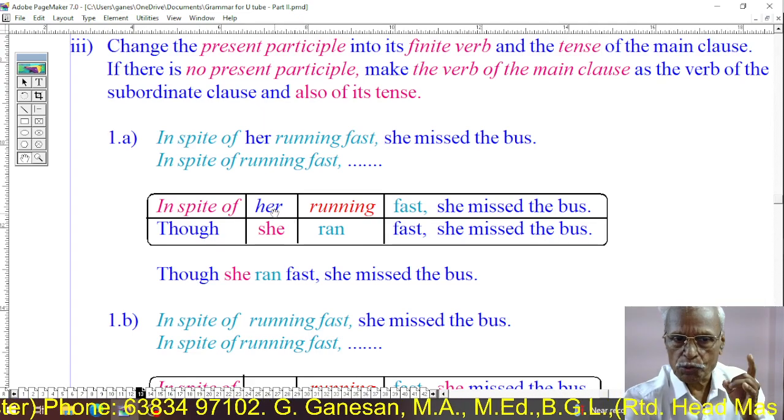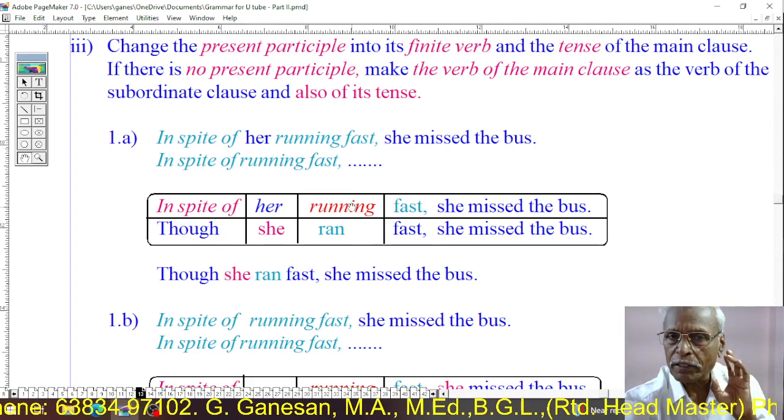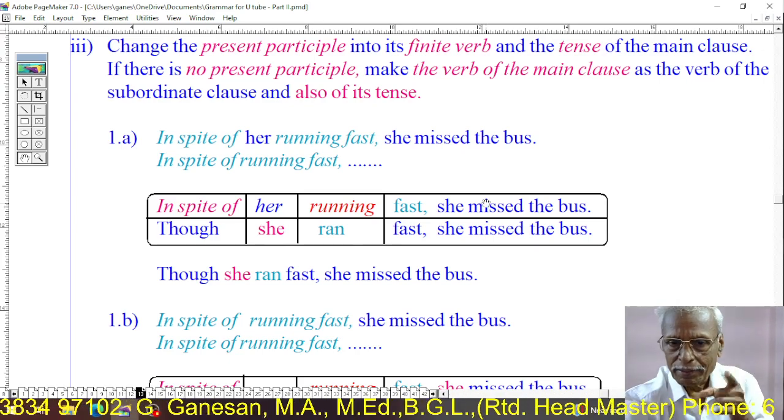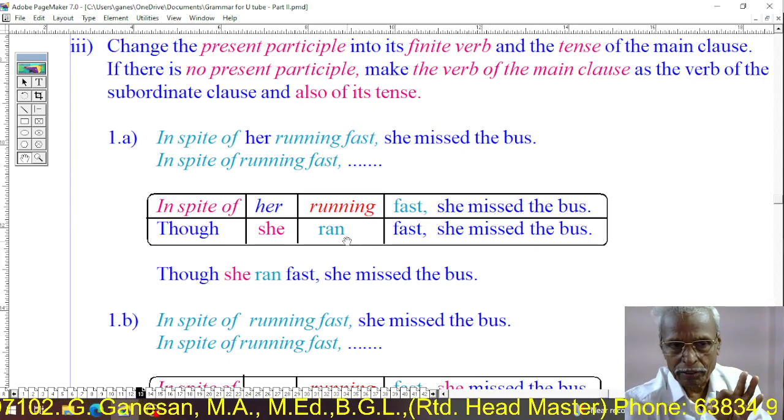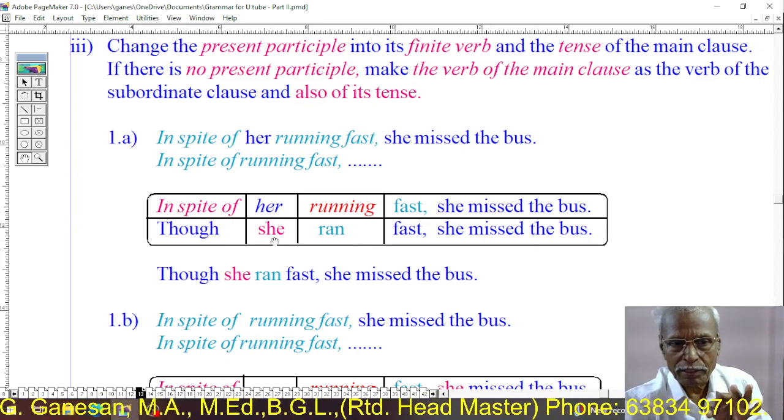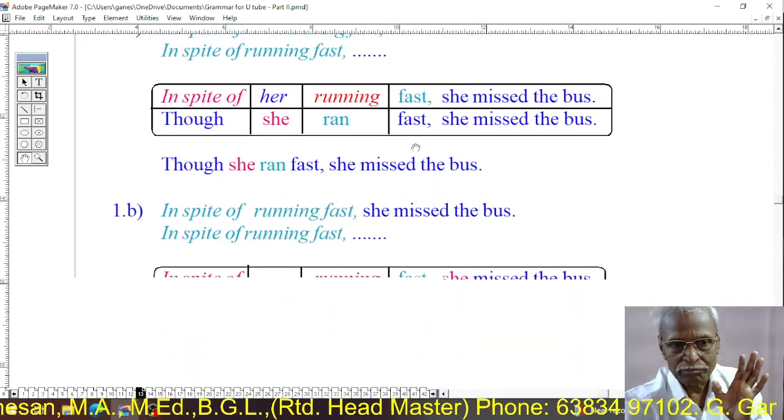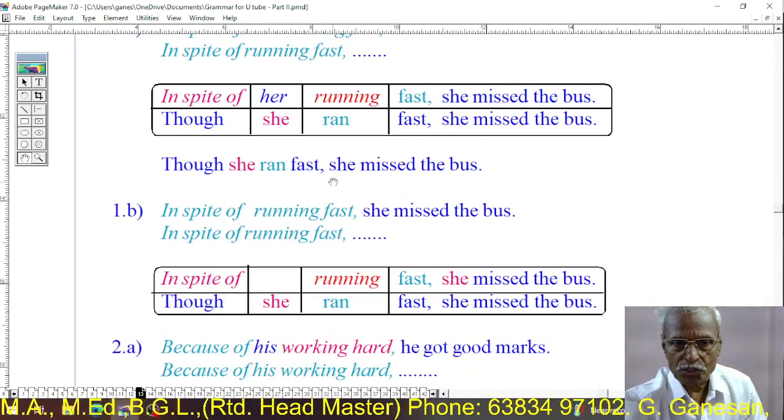Her, possessive, becomes she, the subject. Running, verb run. Here the tense is past, so ran. That's all. Though she ran fast, she missed the bus.